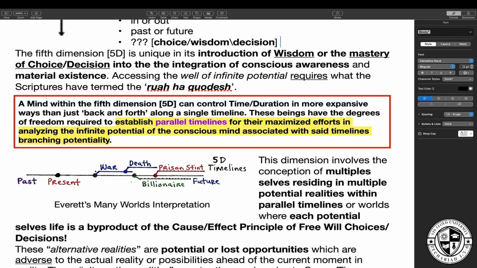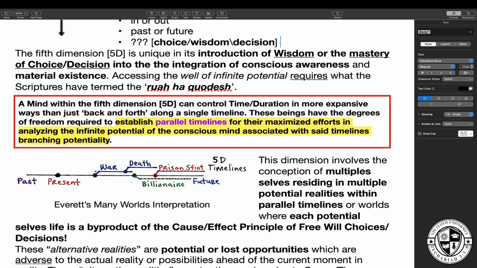So that leads us to this. Hey, just keep in mind what I read to you in the red from the fourth dimension. This is meant to piggyback. So a mind within the fifth dimension can control time or duration in more expansive ways than just back and forth, meaning past to future, along a single timeline.